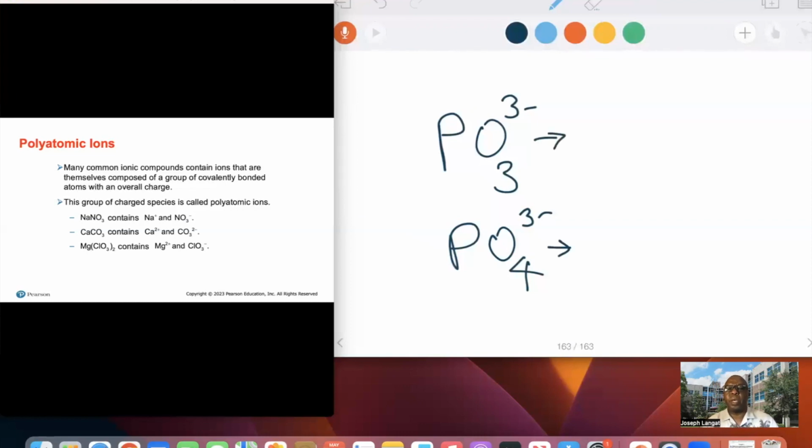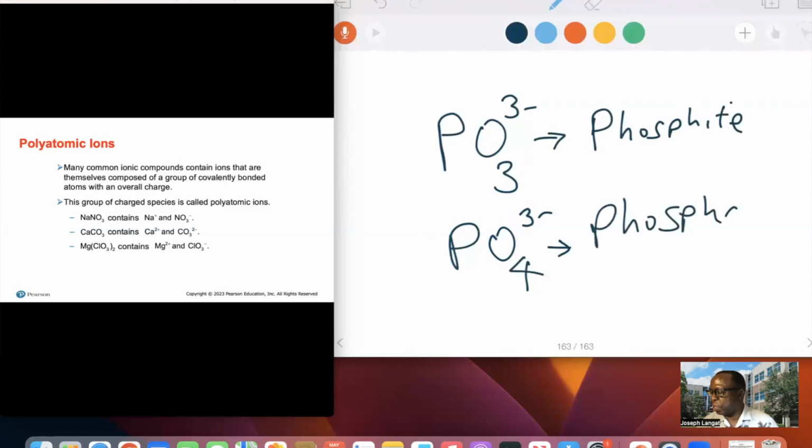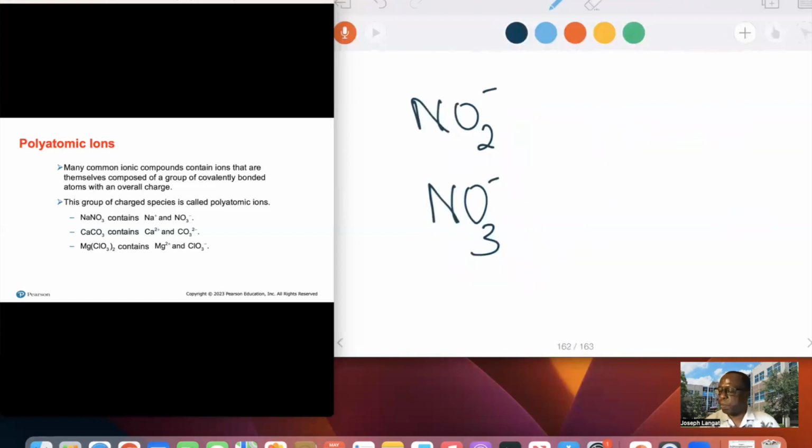The reason I'm bringing this out and drawing a parallel, putting them together, is that in a series, the one with fewer oxygens ends with ITE. We call this phosphite, ITE, and this is phosphate. Look at the series, ATE, ITE. You should be able to name that.